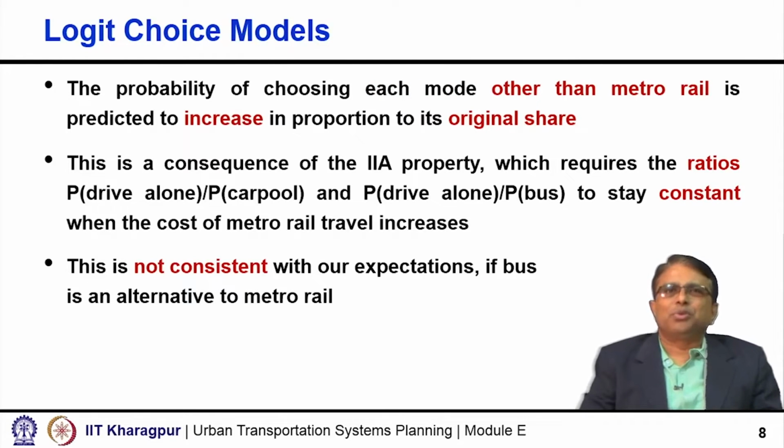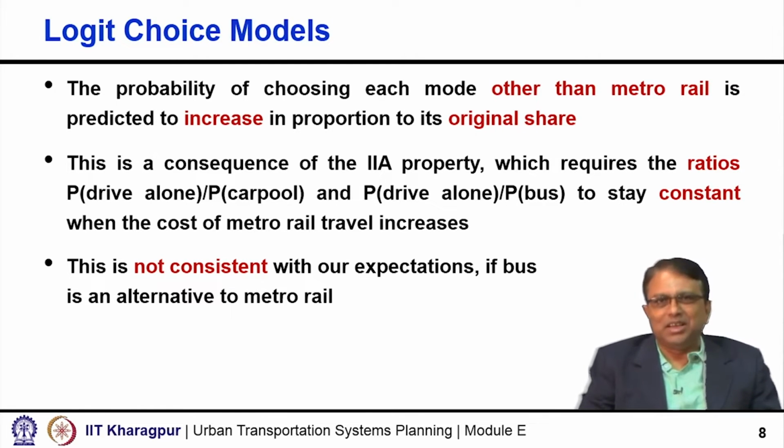The probability of choosing each mode other than the metro rail is predicted to increase in proportion to its original share. That is where the catch is, as I explained earlier also. I have written it here.